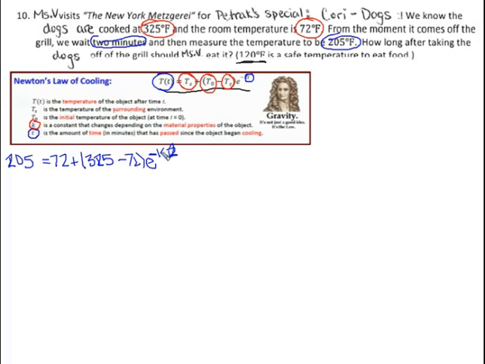Since k is the only piece we don't know, we can solve for it. Notice this equation is exponential: the variable we're trying to find is in the exponent position, so we want to isolate this exponent. Let's clean this up a little. 325 minus 72 is 253, and I'm going to rewrite this as negative 2k instead of k2.